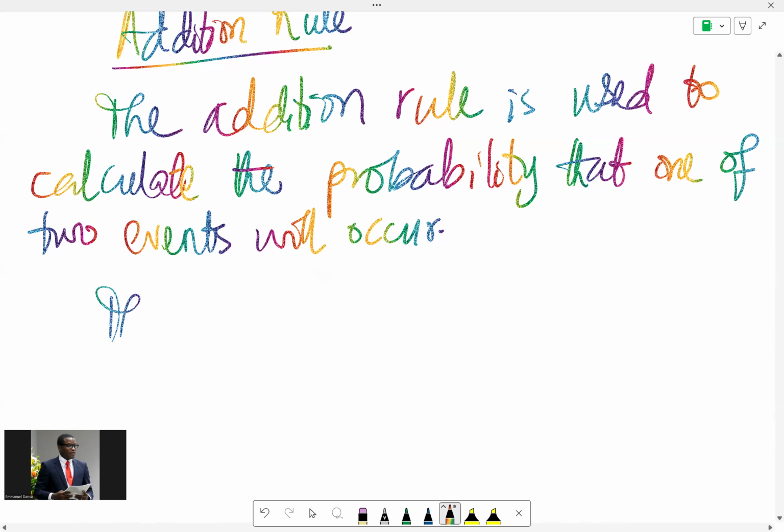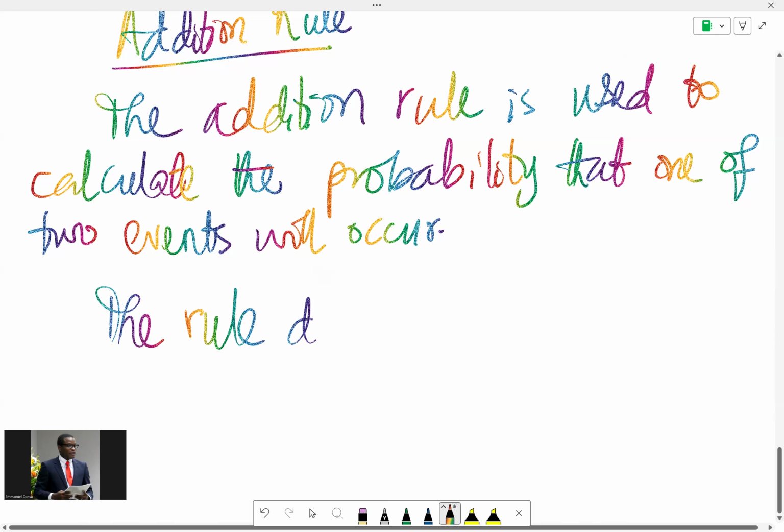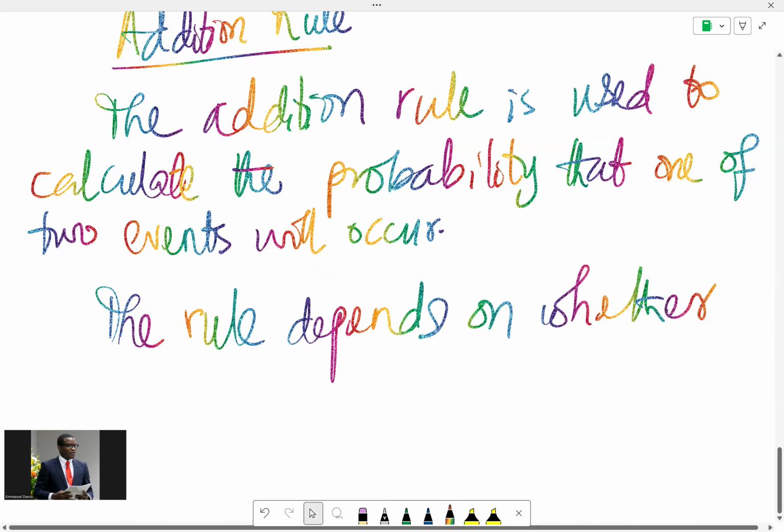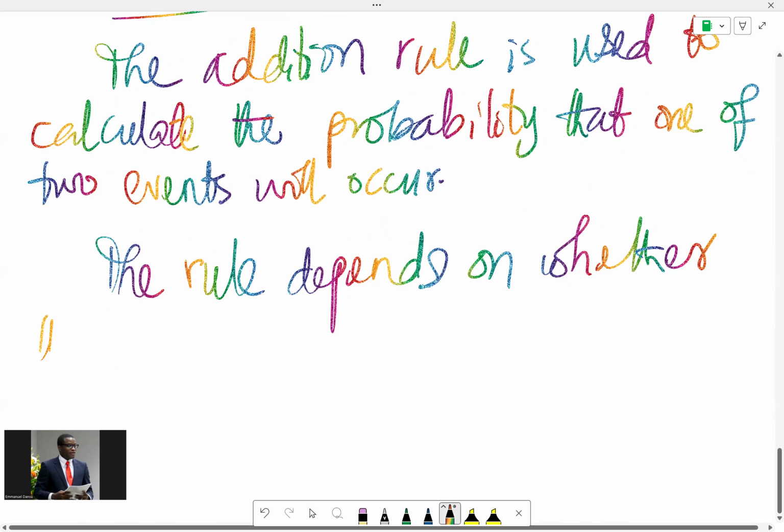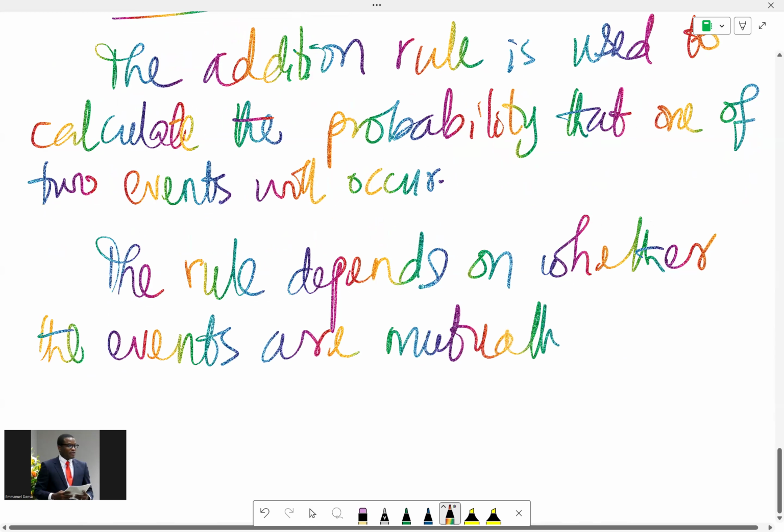So the rule depends on whether the events are mutually exclusive or not. So we just saw a very good example of mutual exclusivity, but now this is driving it home better.